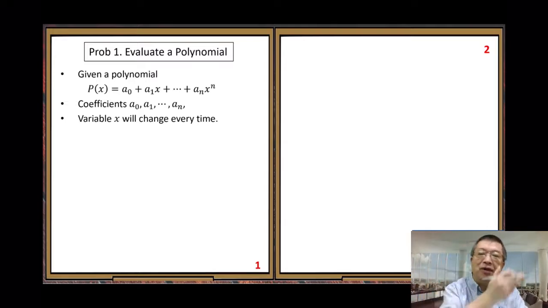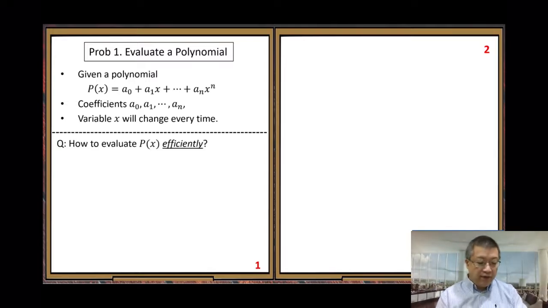Then we can evaluate this polynomial. Because we treat the coefficients as parameters, if we like, we can change to a different array of parameters. Then our goal, we need to evaluate P of x efficiently.